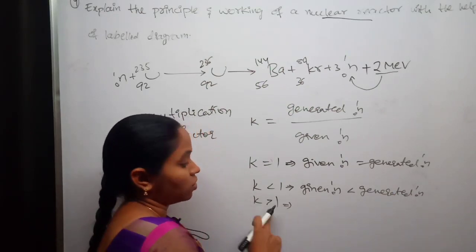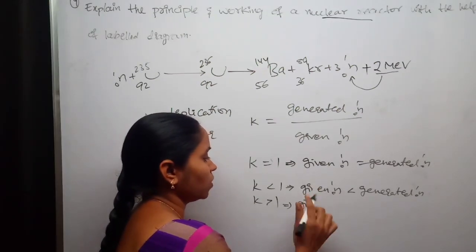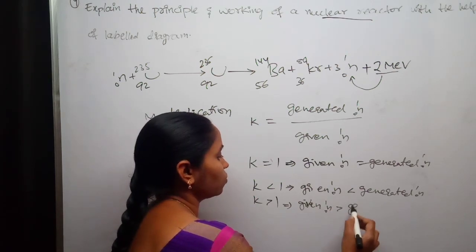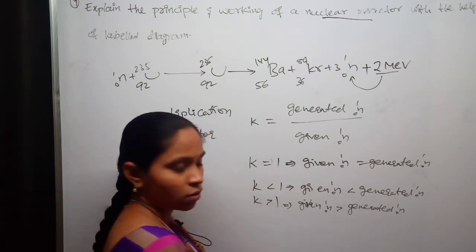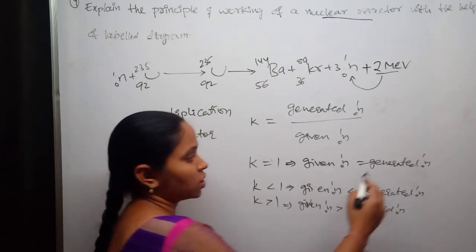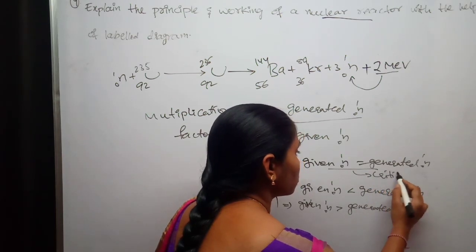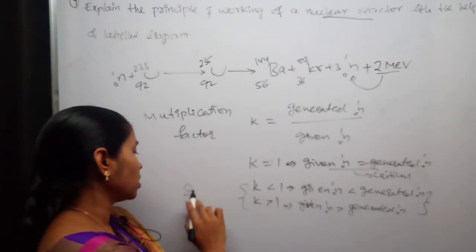If it is greater than 1, the given neutrons are greater than generated neutrons. This condition is known as critical condition, and both these conditions are known as supercritical conditions.